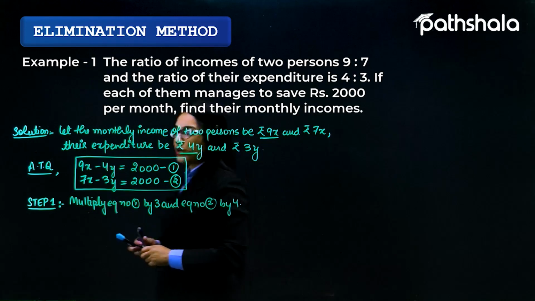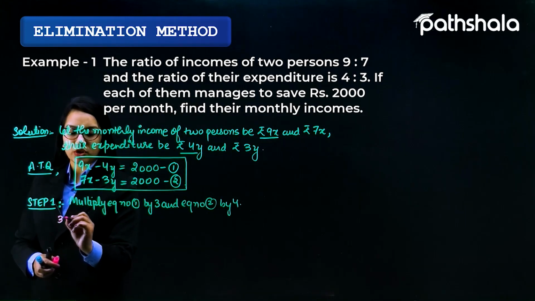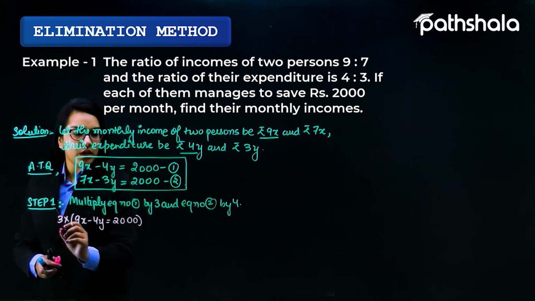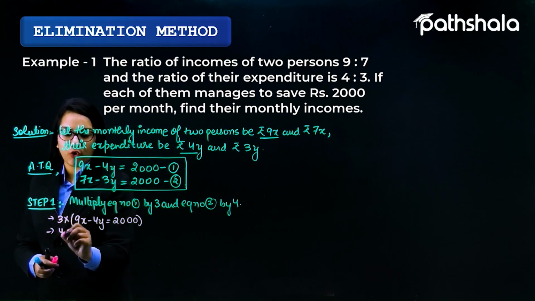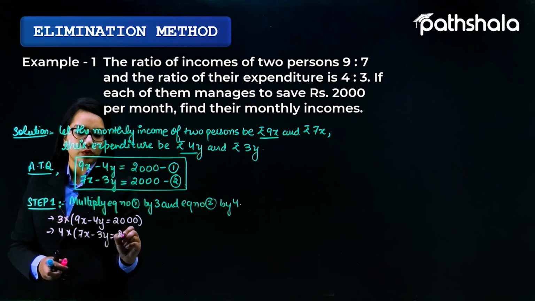Now let's see the equations. We multiply 3 with the very first equation, 9x minus 4y is equal to 2000, and further we multiply 4 with the equation 7x minus 3y, which is equal to 2000.